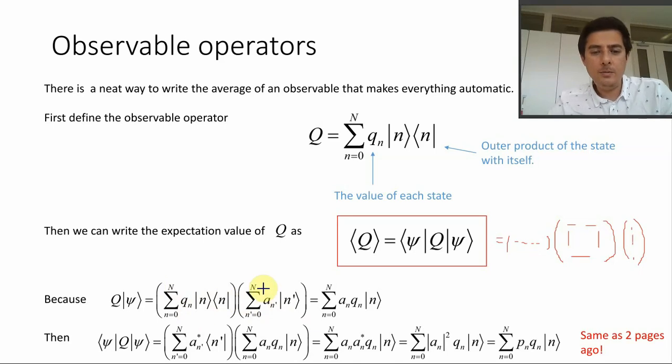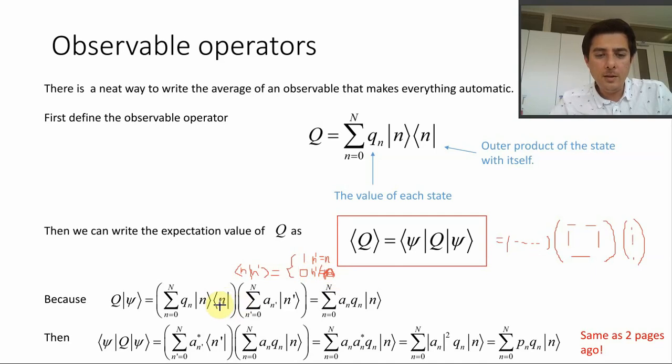And then what we can just do is use the fact that these are states and they're all orthogonal to each other. And this thing is actually equal to either 1 or 0. It's only equal to 1 if n prime is equal to n. And if n prime is not equal to n, then it will be equal to 0, right?